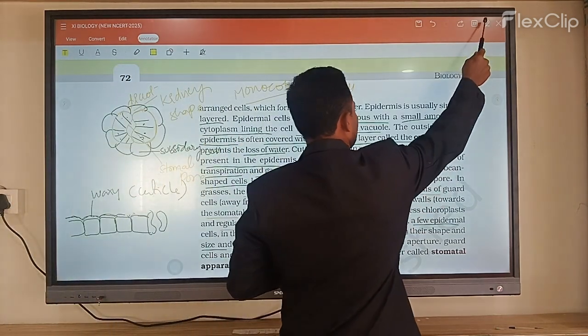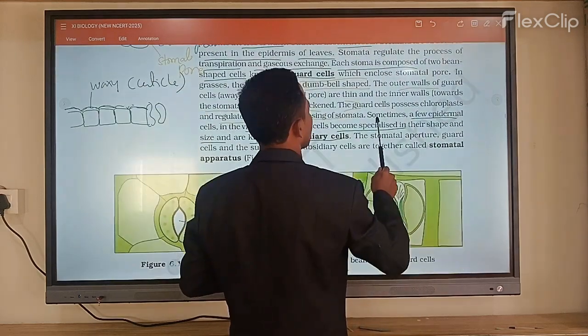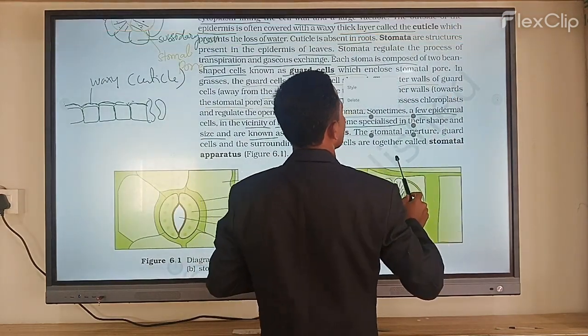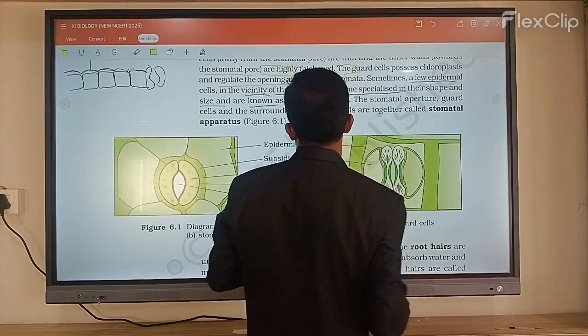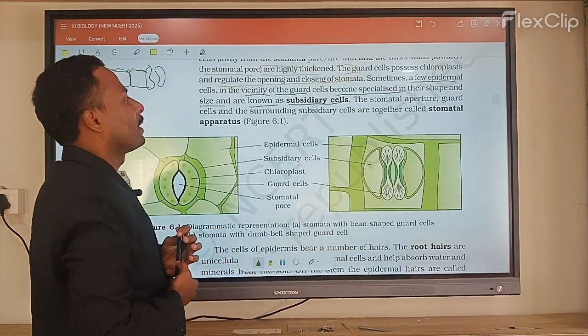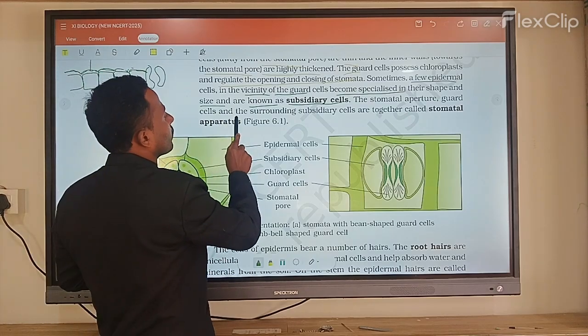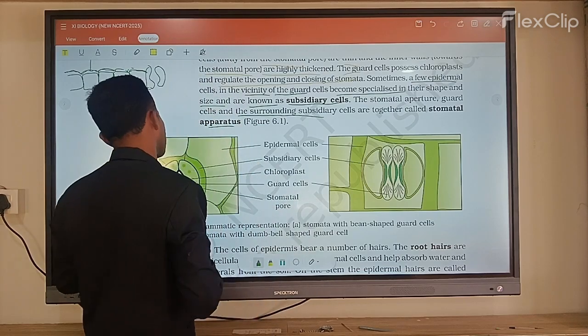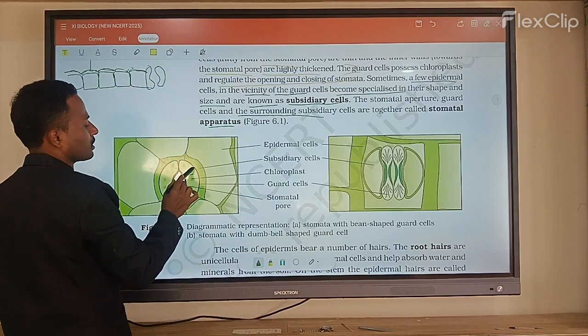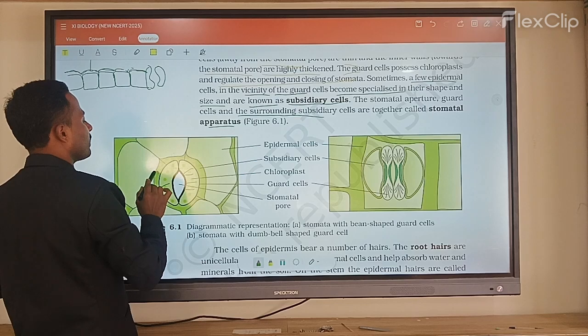Now the stomatal aperture and guard cells are surrounded by subsidiary cells. These are the guard cells, and these are subsidiary cells.